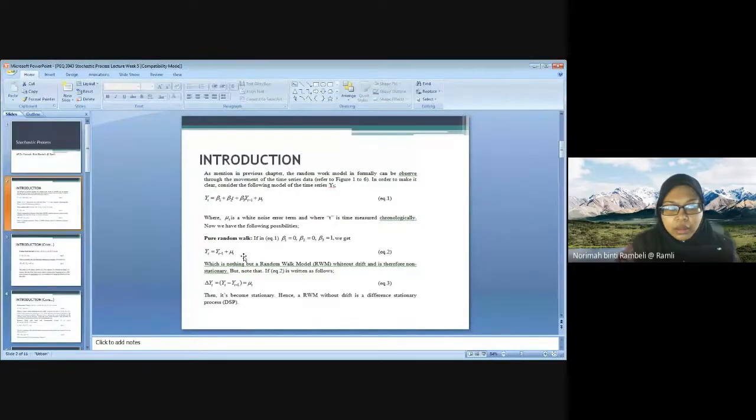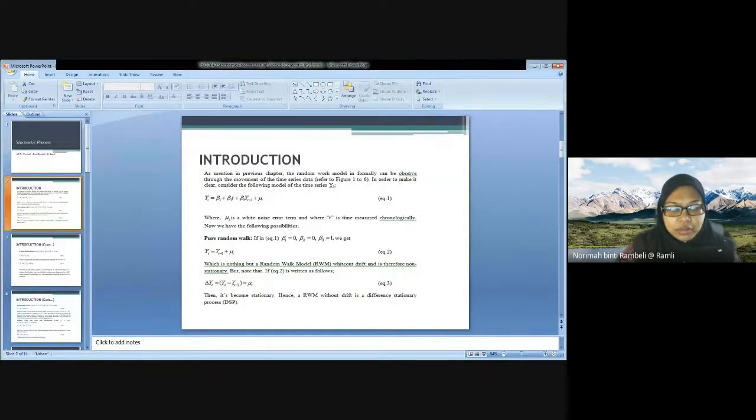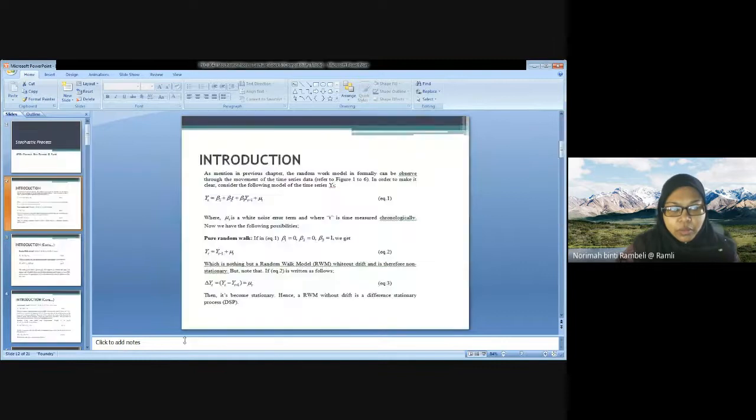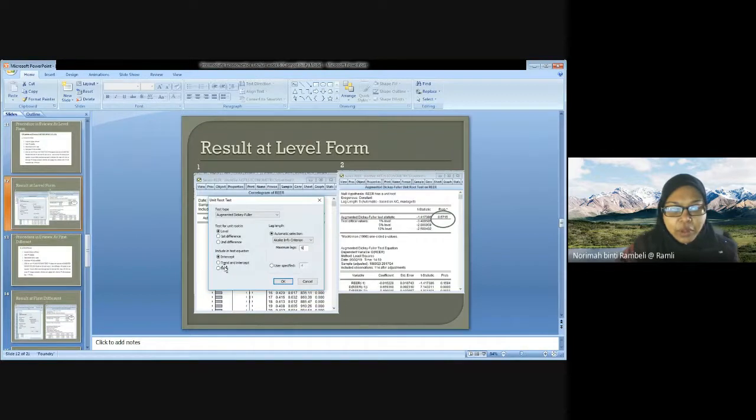Right. Then, as I mentioned earlier, the stochastic process has three main models: intercept, trend and intercept, and none. So, which one is the pure random walk? Pure random walk is actually none. If you select none, it means you're doing the none model.